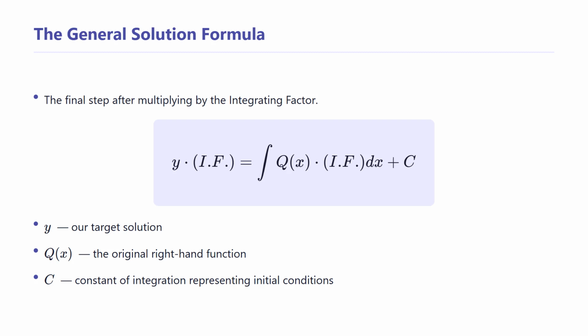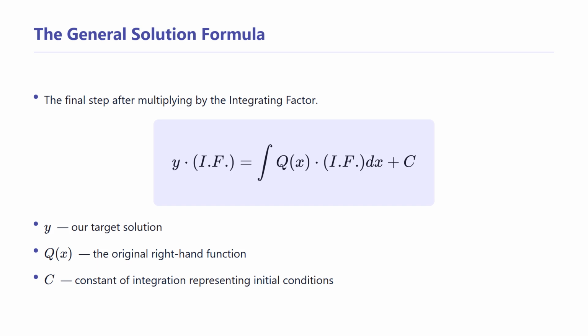Once we have our integrating factor, we multiply the entire standard form equation by it. This leads us to our ultimate goal, the general solution formula. Conceptually, the left side has collapsed into the derivative of y times the integrating factor. When we integrate both sides, the derivative disappears, leaving just y times the integrating factor on the left.